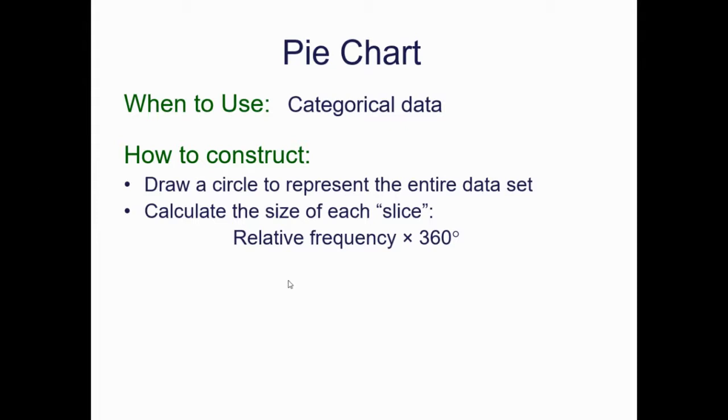Why did I pick 360 degrees here? Because the pie is like a circle. And how many degrees are in a circle? 360. You said times 360. Yes, so to get the size of each slice of the pie, you do relative frequency times 360.